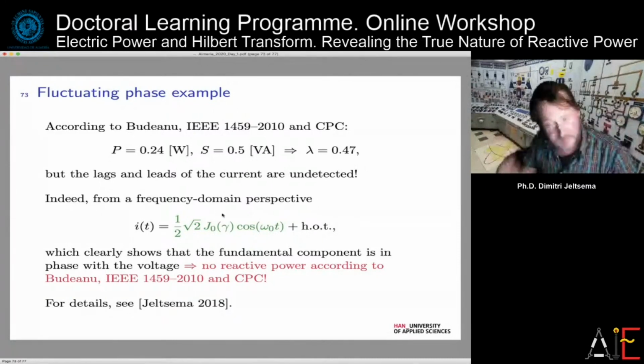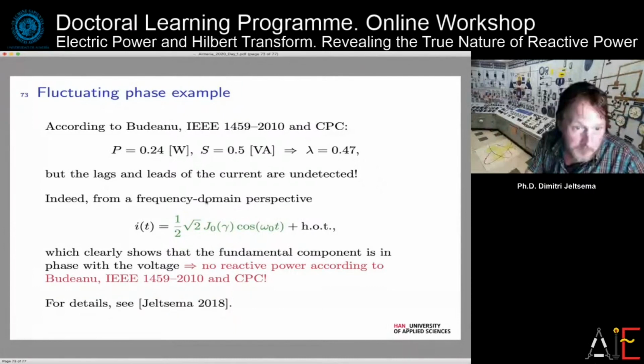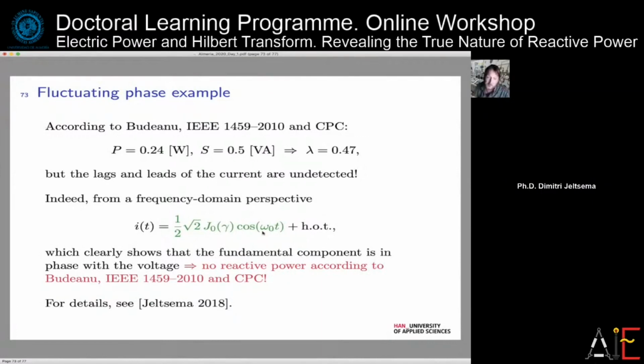And you can also see that from the frequency domain: we had a sinusoidal voltage, and the first component of your Fourier series for the current is perfectly in phase with that voltage. So there is no Q according to CPC, Currents' Physical Components, and also not a fundamental reactive power according to IEEE or Budeanu. Details you can see in one of my recent papers about this.